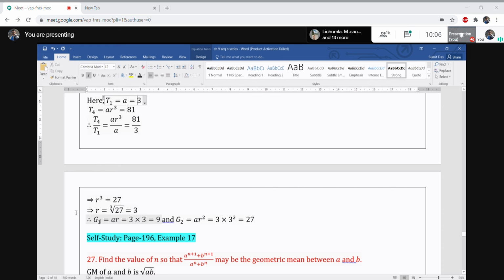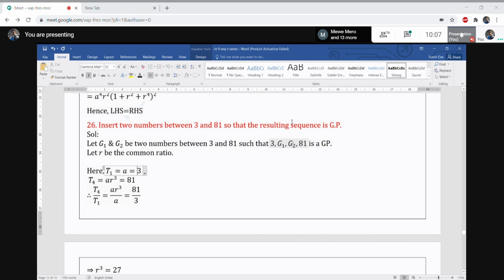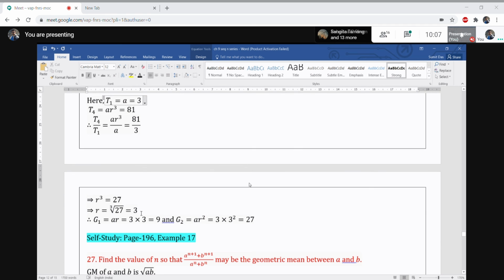So what will be G1? G1 will be AR, which is equal to 3 into 3, that is 9, and G2 will be A R square. Why G2 is A R square? Because G1 is the second term, so it is AR, and G2 is the third term, so it is A R square. Just put the value.